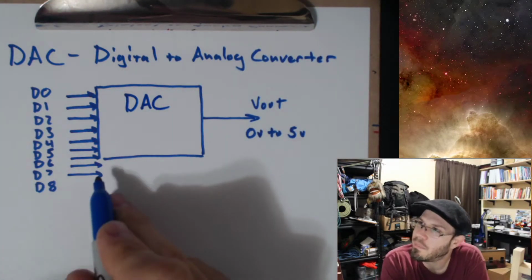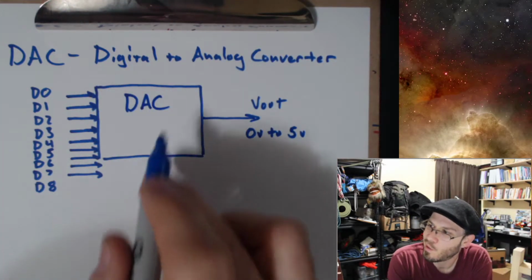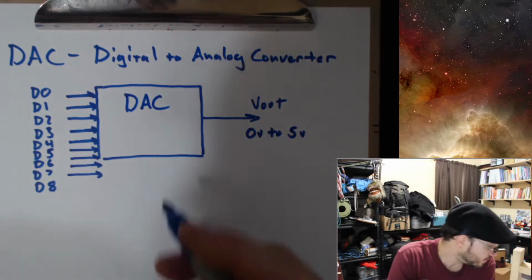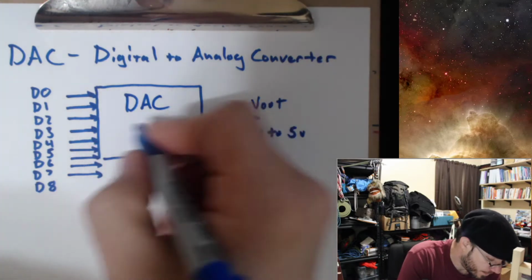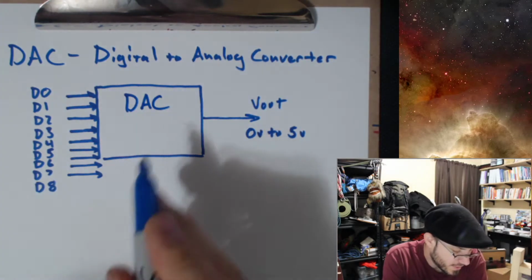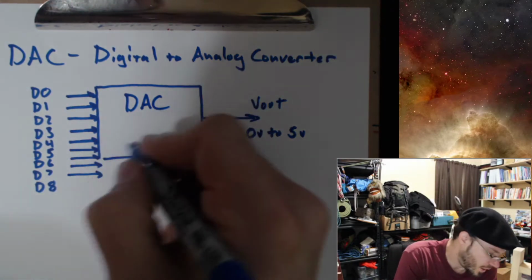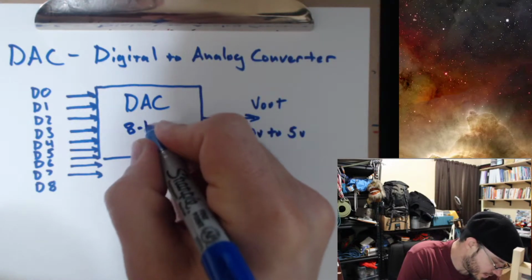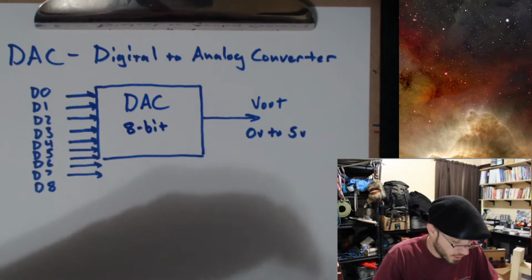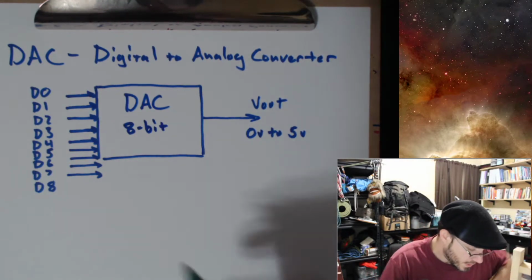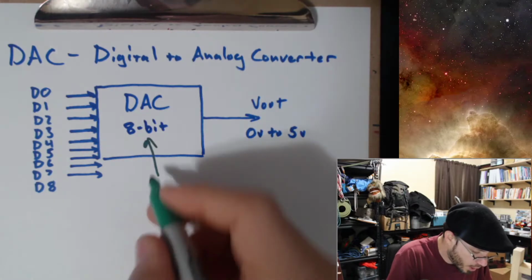And now the number of bits that it takes in refers to the resolution of the digital to analog converter. So over here, this is not just a digital to analog converter, it is an 8-bit digital to analog converter. And so this refers to our resolution.